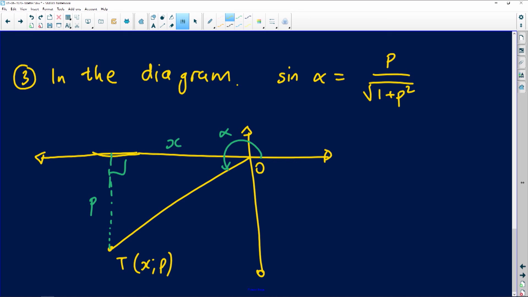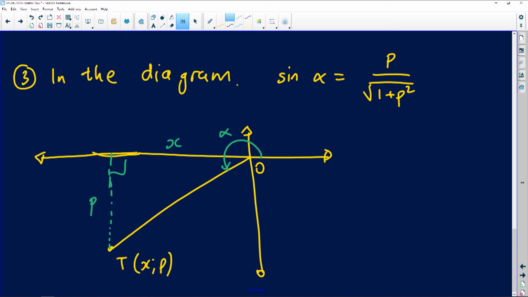Okay, cool. We see what is happening here, and we don't have any problems with what we are dealing with, right? So let's first of all see why I did what I did here. It's important for us to understand why. Think about it. We are dealing with a situation where the sine of alpha is P divided by the square root of 1 plus P squared.